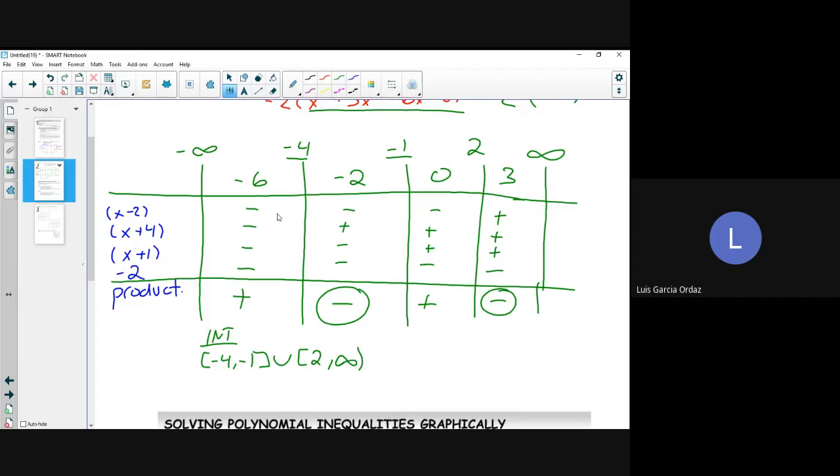Okay, so our interval notation would be square bracket -4, comma -1, square bracket in union with square bracket 2 to infinity.